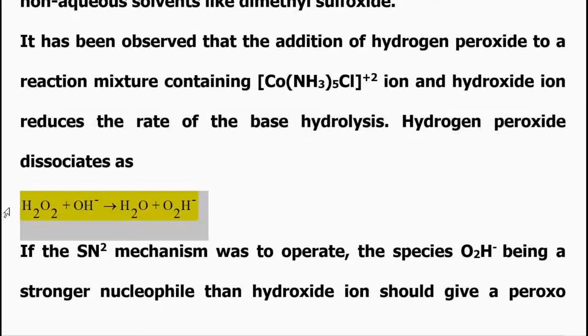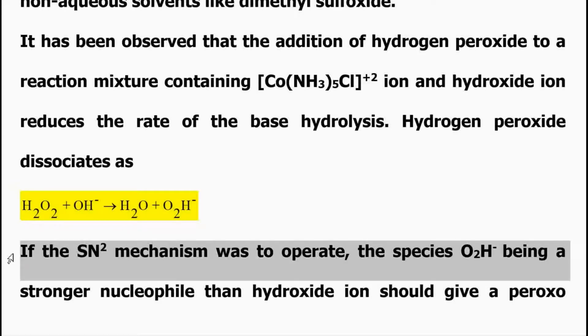The reason is that H2O2 in basic medium dissociates like H2O plus HO2 minus. And let us see how this HO2 minus plays its role in the base hydrolysis.